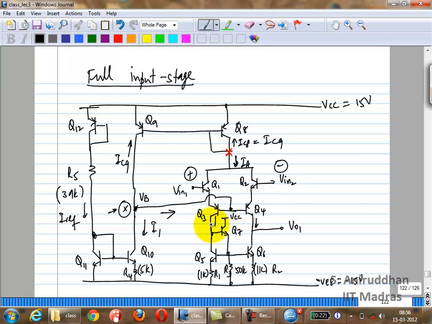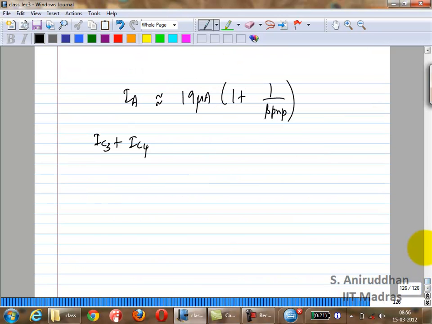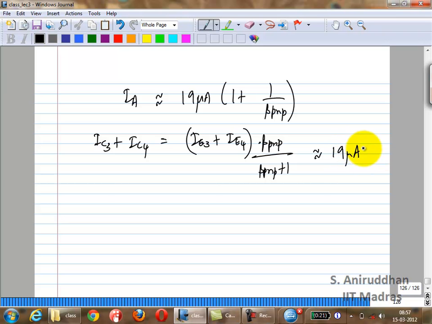these guys, IC3 plus IC4. Okay, what is IC3 plus IC4? It's just IE3 plus IE4 times beta over beta plus 1. Okay. And what you'll find, this will end up being 19 microamps.